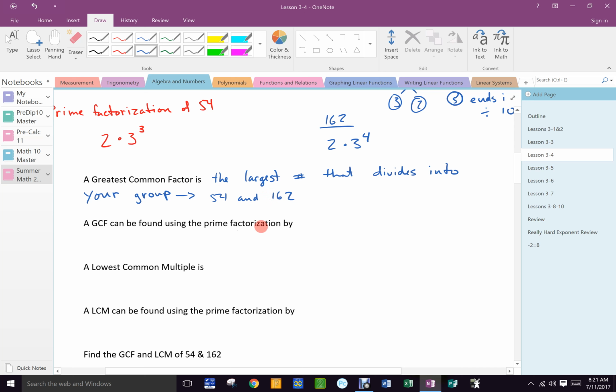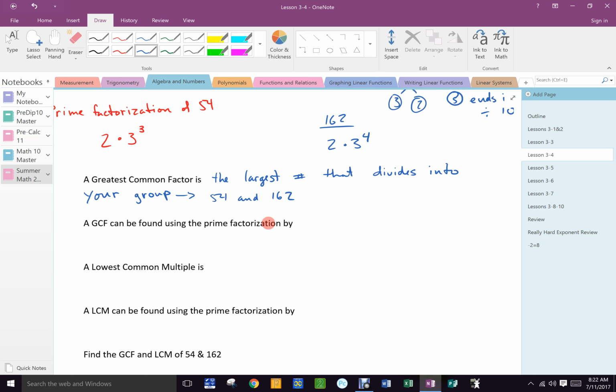A GCF can be found using prime factorization by doing the following. Now, some of you will have seen this, some of you won't. Please pay attention if you haven't seen this before.